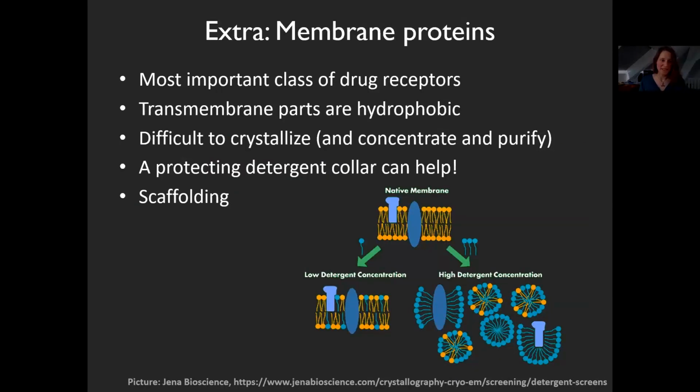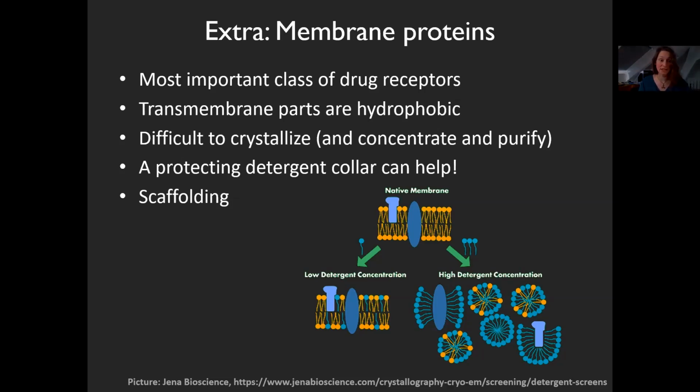Extra: membrane proteins. That could be an entire lecture. I'm only going to quickly scrape it because they're an important class of drug receptors. Most drug targets are membrane proteins of one sort or another, and transmembrane parts are hydrophobic. So they don't like our aqueous crystallization conditions. Hence, they're difficult to crystallize and to concentrate and to purify.